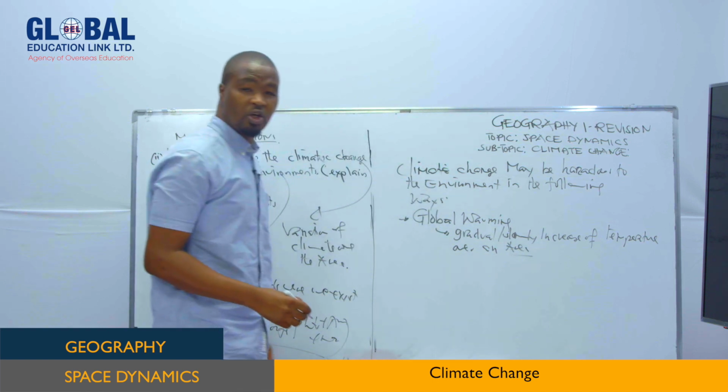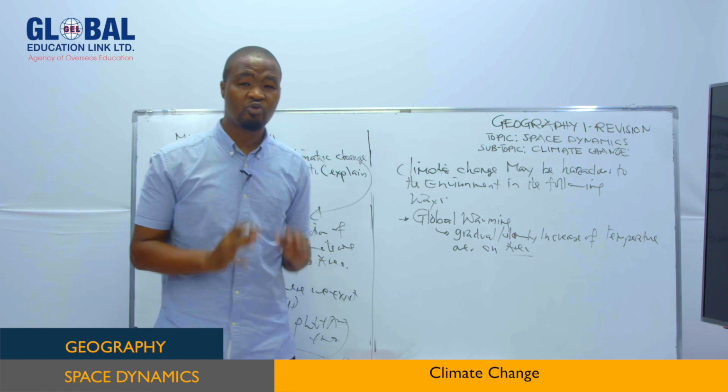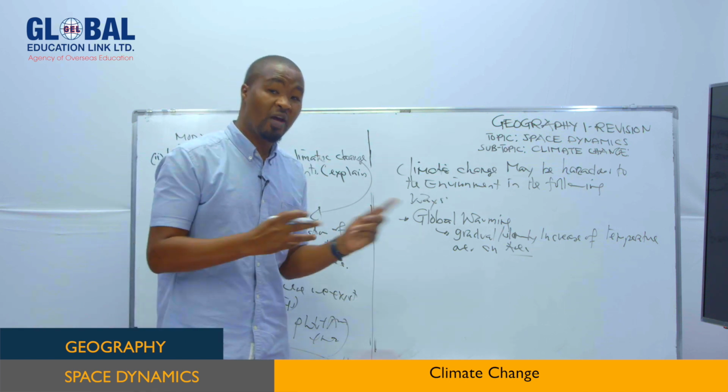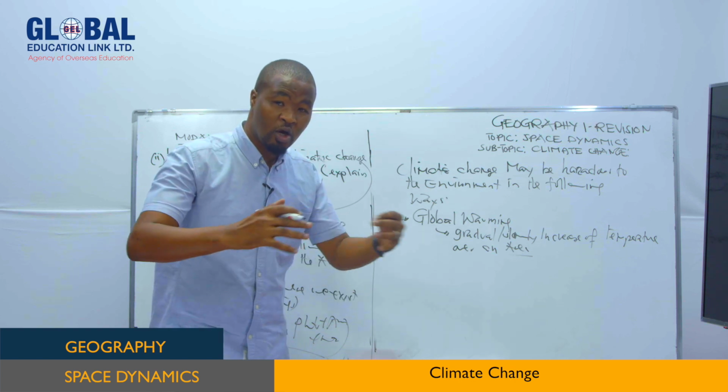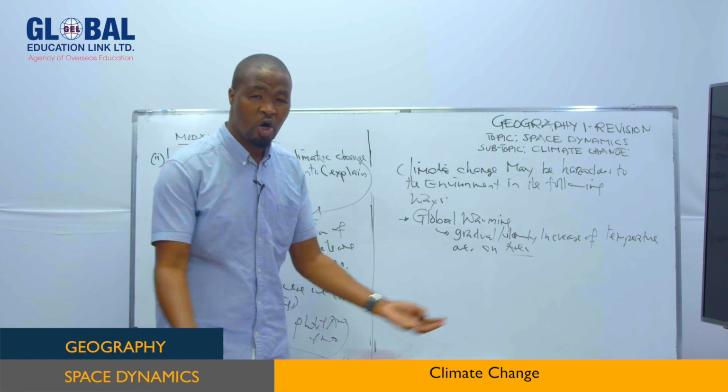So the gradual increase of temperature of an area, we call global warming. It means we are talking about a slow increase in temperature over the area, which later will cause the land to become warmer. It means we will have very high temperature over the area.